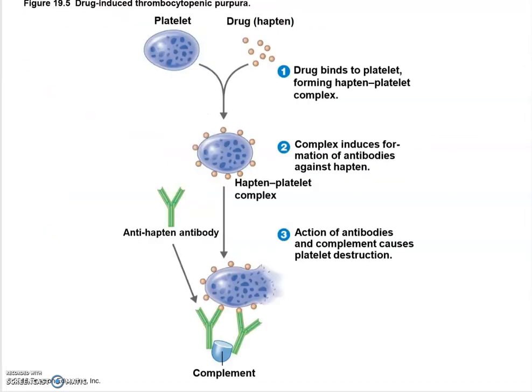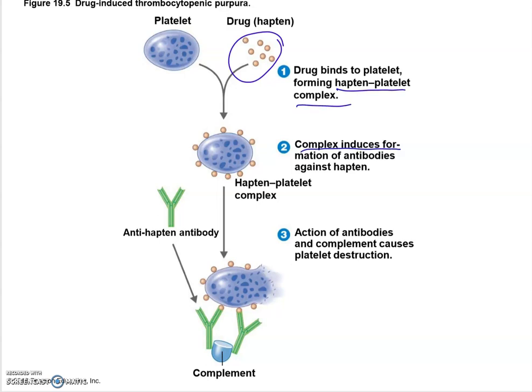There's a figure that shows you the process of how somebody might end up with drug-induced thrombocytopenic purpura. So here we have a drug which acts as a hapten. By itself, it will not be considered an antigen. It doesn't have any antigenic properties, but combined on the surface of a platelet, now all of a sudden this thing looks to your immune system as if it needs to react to it. So the drug binds to platelets, forming a hapten-platelet complex.